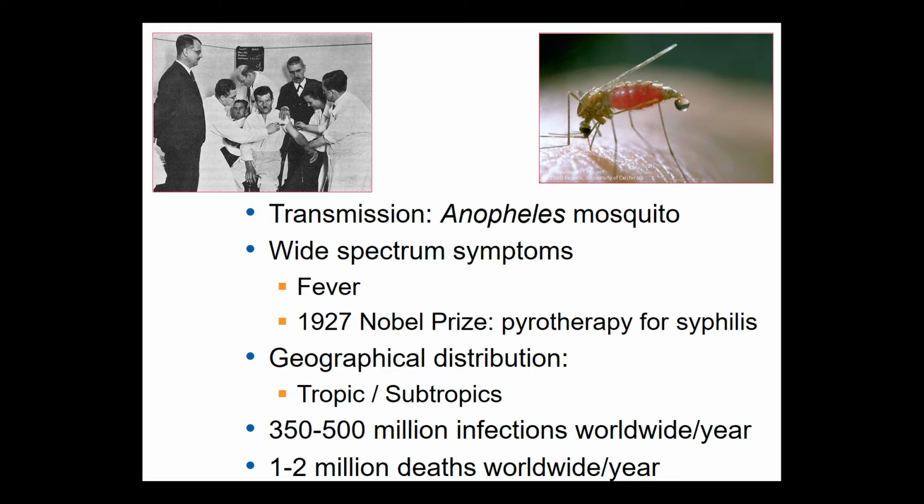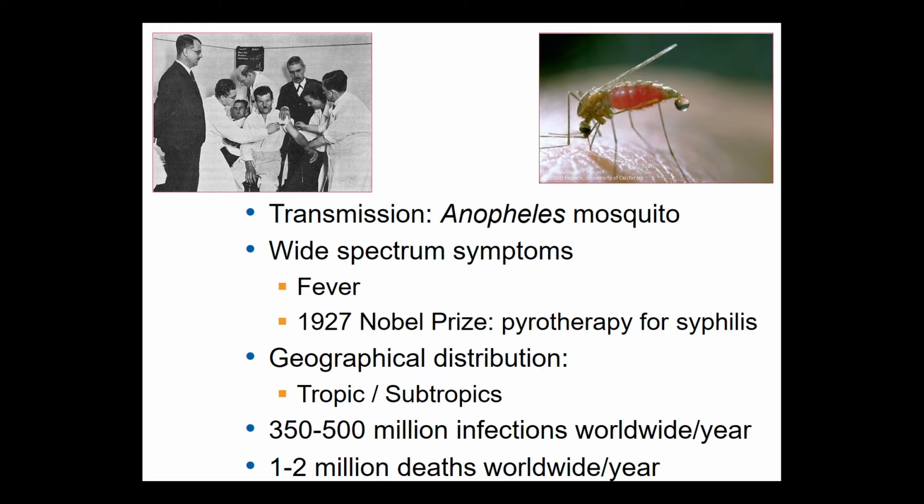Geographical distribution: nowadays it's spread in the tropics and subtropics, while in older days it was spread almost all over the world, because the conditions for transmitting malaria are just the presence of mosquito, which is almost worldwide, and average daytime temperature above a certain threshold, which happens in summer even in rather cold countries, I mean countries with moderate climate.